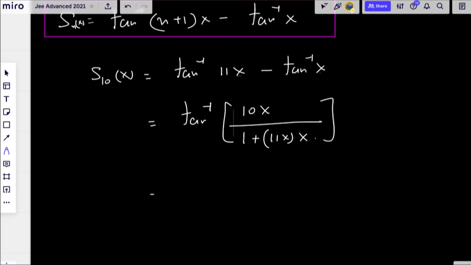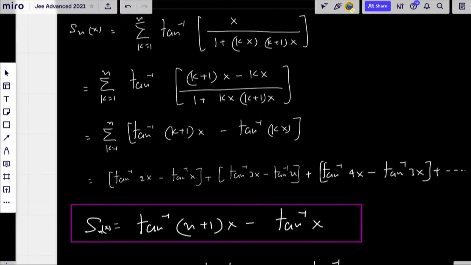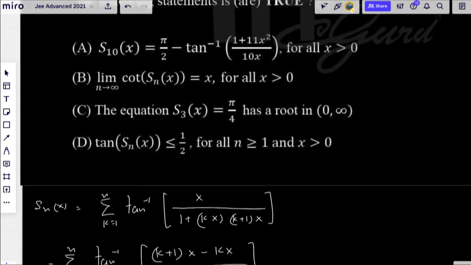So finally, the result will be tan inverse of 10x divided by 1 plus 11x square, and that's our answer.